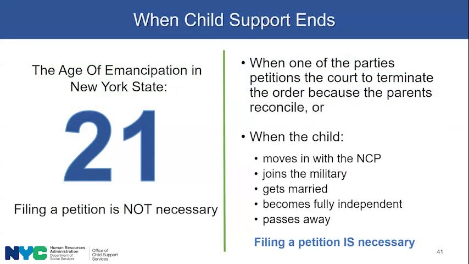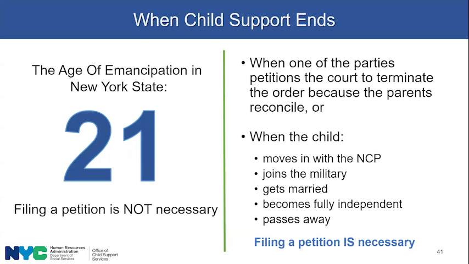Now, as I mentioned earlier, the age of emancipation in New York State is 21. There are states where it's 17 or 18. New York State, it's 21 unless one of the parties petitions the court to terminate the order because the parents reconcile, or perhaps the child moves in with the NCP.